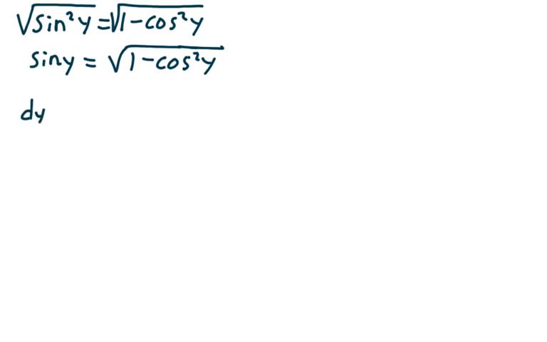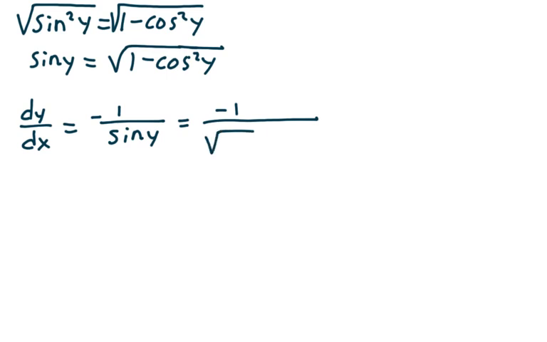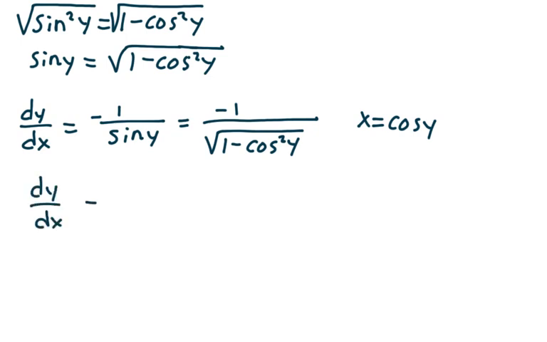Now, we just established that dy dx is negative 1 over sine of y, right? But this is negative 1 over the square root of 1 minus cosine squared y. But didn't we just get through saying x equals cosine y? And so dy dx is negative 1 divided by the square root of 1 minus x squared.